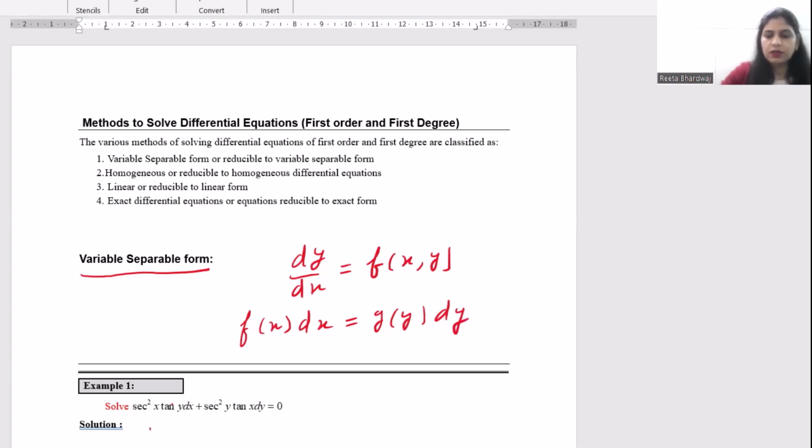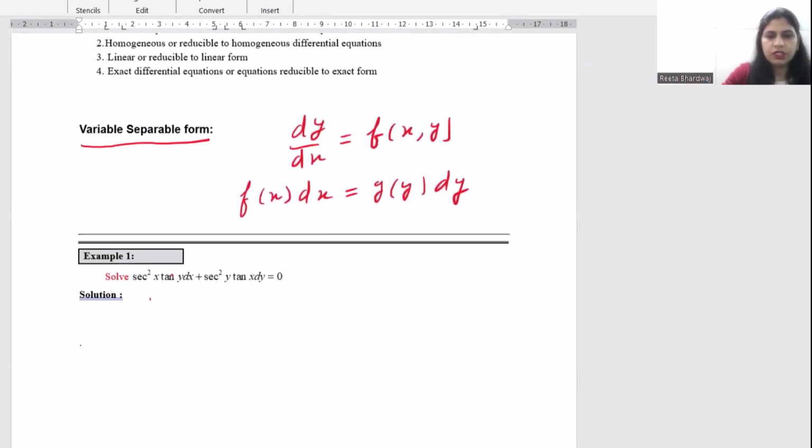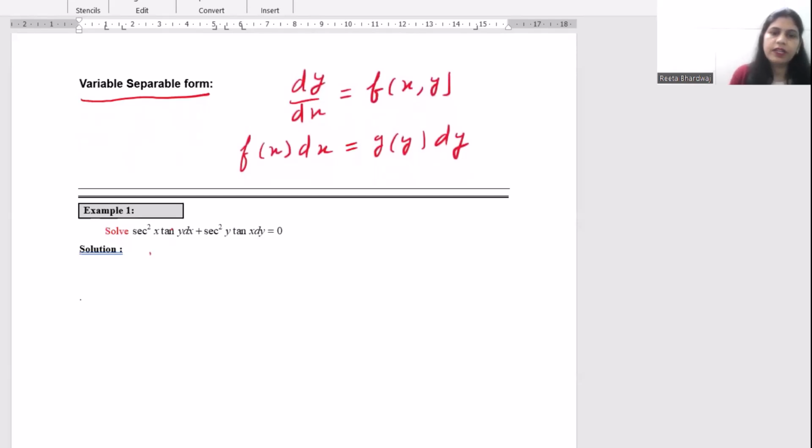We are going to solve this differential equation: sec square x tan y dx plus sec square y tan x dy is equal to 0. So clearly this is a differential equation of first order and first degree. Now let's check whether it is possible to separate the variables or not.